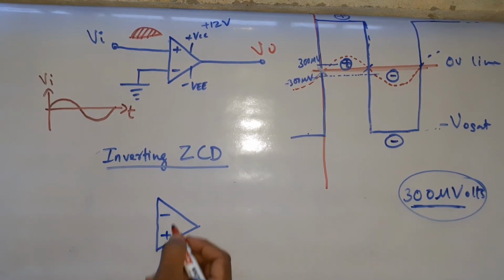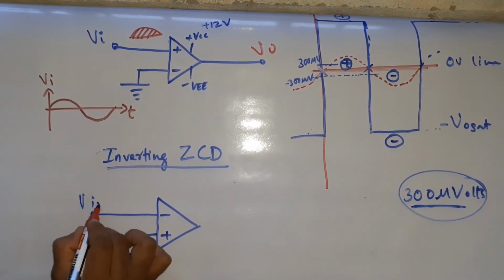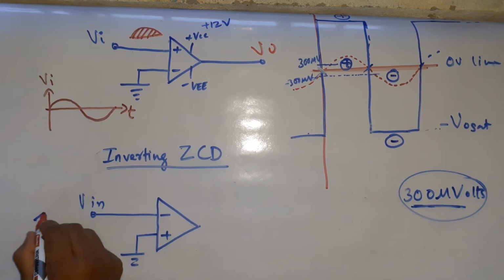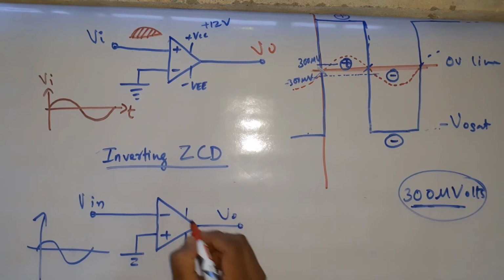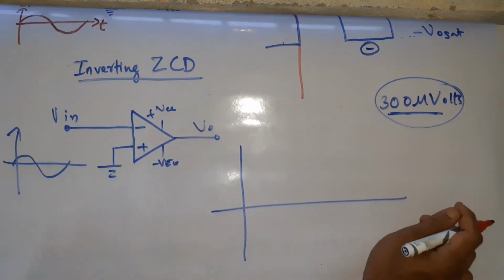See, minus and plus I have interchanged. This is your V in. Once again input is given. This is your output V naught. Nothing else is changed, only plus and minus are changed. Rest all as it is. How will your output be? Yes, tell me.